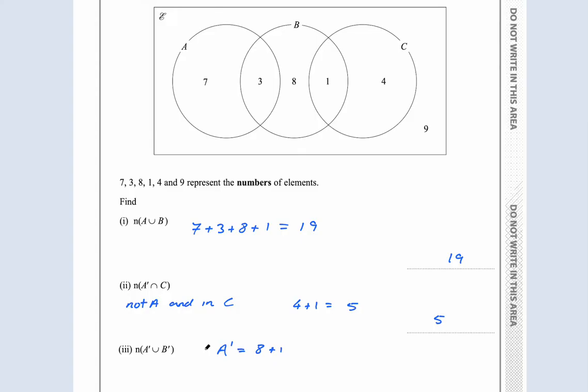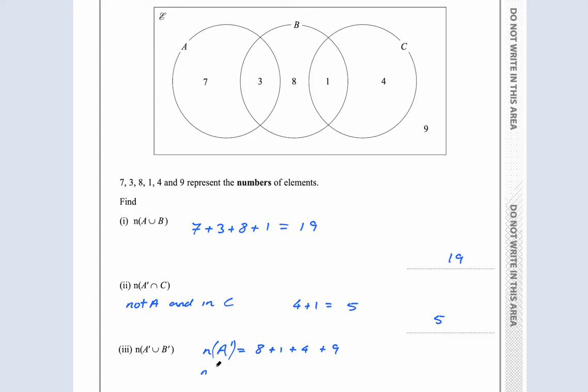I should maybe say a number of elements not in A. So this 8, this 1, this 4, and this 9. They are not in A.